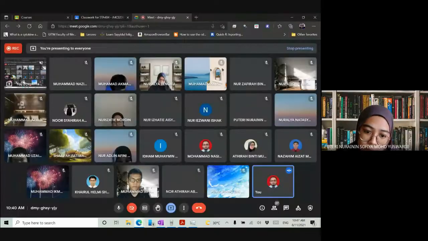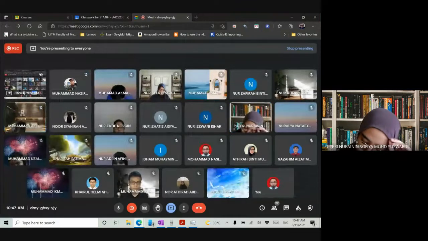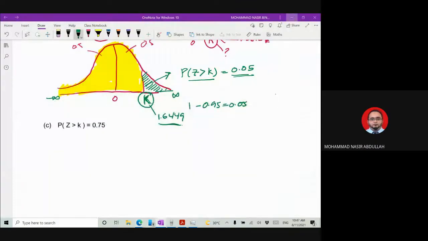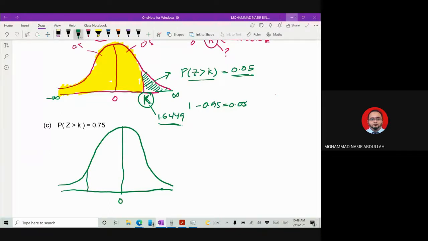Yes, sir. Right? Okay, now let's look at the next example, which is the probability of Z more than K covers 75% of the area. So remember earlier, the first half covers only 0.5 or 50%. So if you want to find the cover of 75% of the area, this is the value of K, negative infinity to infinity.